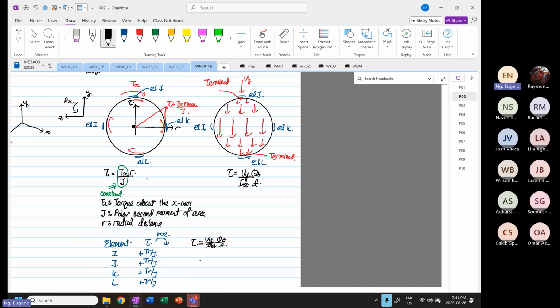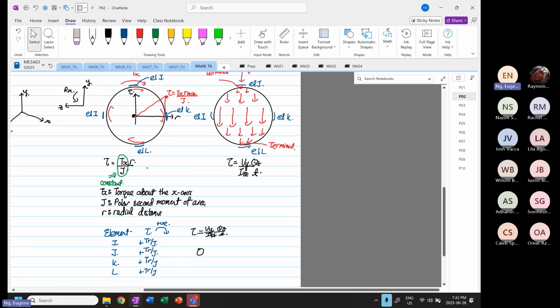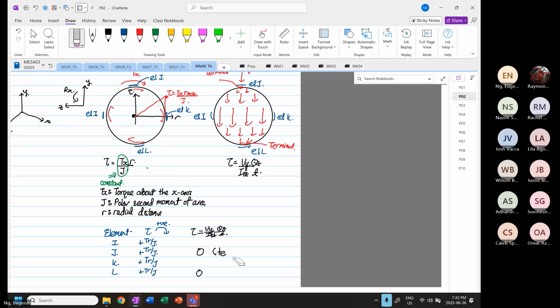So the shear stress is 0 at point J and 0 at point L, because elements J and L are at the terminal.